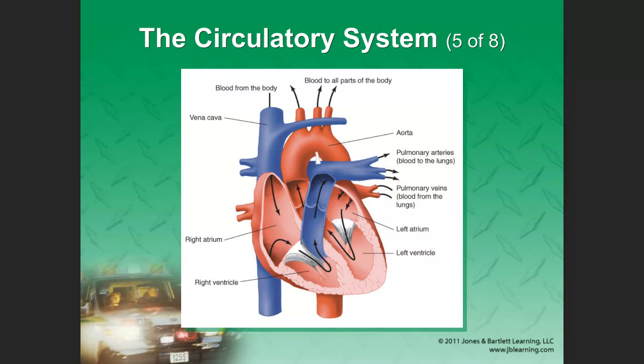So, important points to remember. The upper chambers receive blood, the lower chambers receive and distribute blood. The right side of the heart carries deoxygenated blood, the left side carries oxygenated blood.